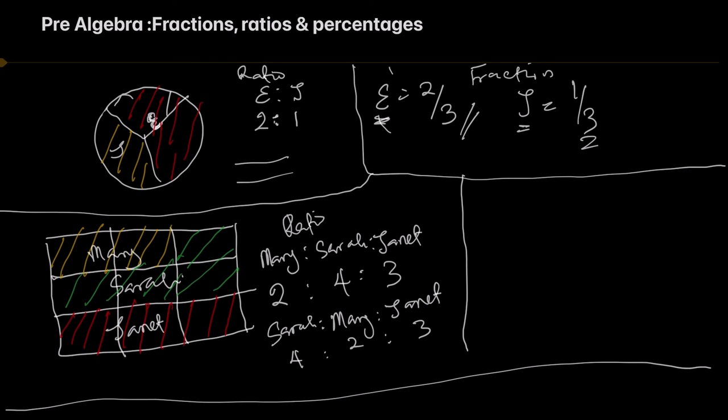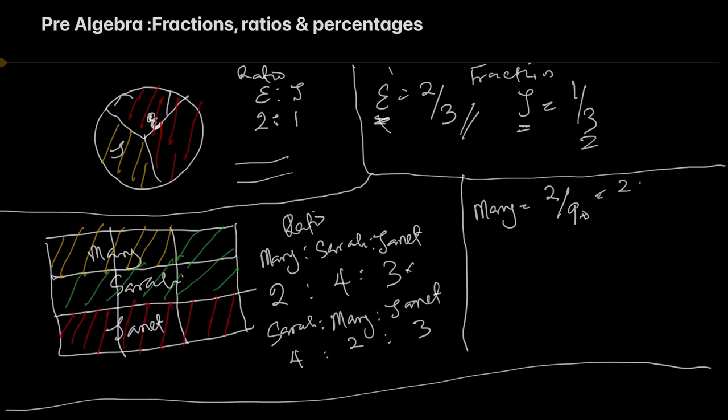So now how do we break the fraction in this case? Now we look at Mary, who is having 2 out of 9 parts. So you have 1, 2, 3, 4, 5, 6, 7, 8, 9. So Mary has 2 out of 9. Another way to understand the denominator is by adding all the ratios.